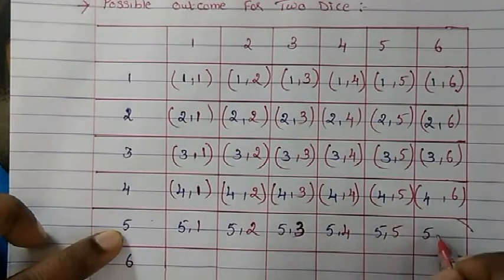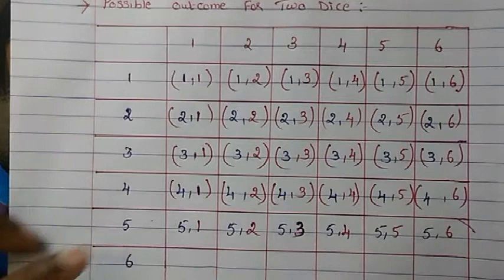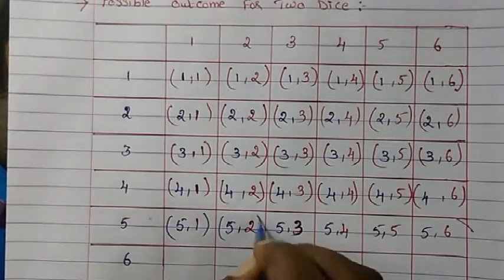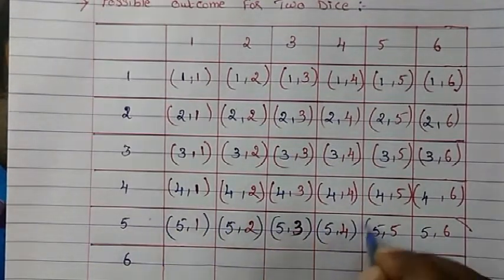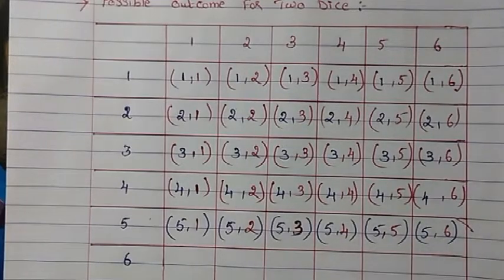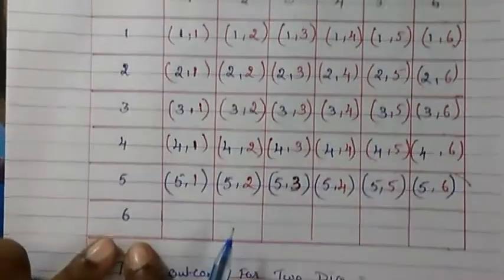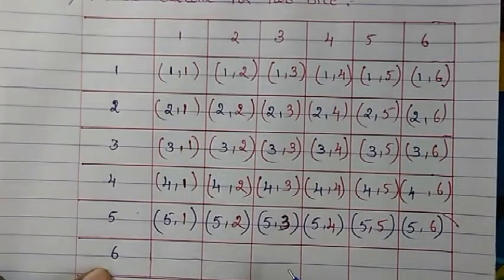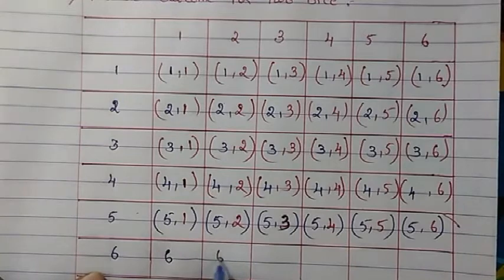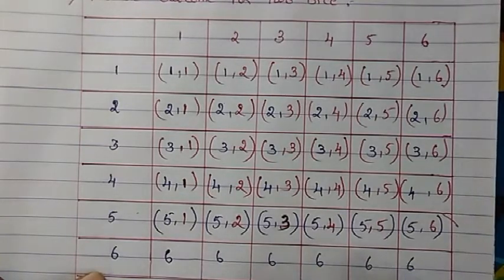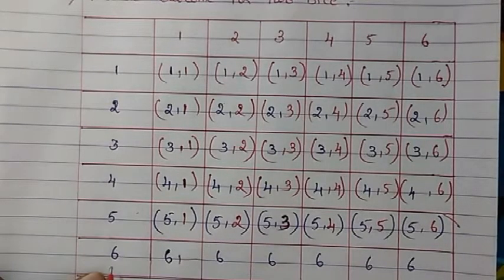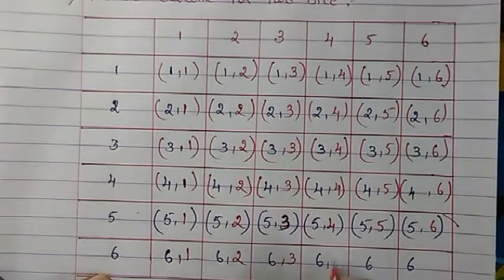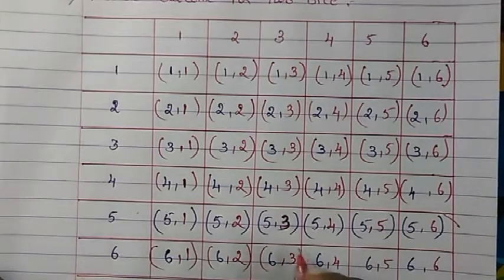I wrote 3, 4, 5 and 6. Same way let's write for 6 also. With 6 all these possibilities are there to come. So write 6 everywhere, and then write all the possibilities: 1, 2, 3, 4, 5, 6.